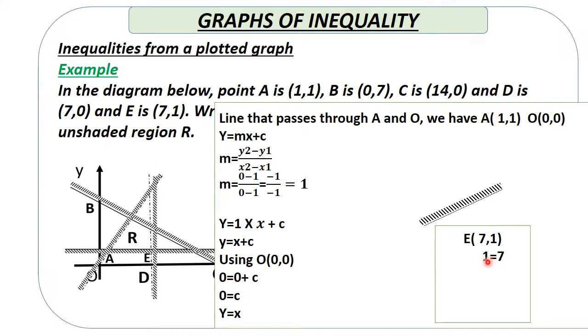I can't use equal here because they are not equal. So which inequality can I use here? 1 is less than 7. So this is the appropriate inequality. And the fact that it is dotted, it's going to remain like this. If it was solid, then I was supposed to put equal here. So this is supposed to be y is less than x. So this is our last inequality.